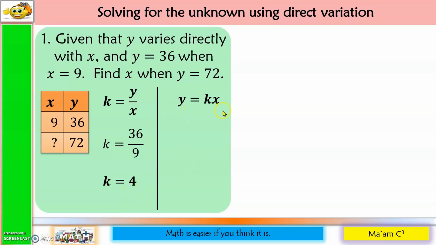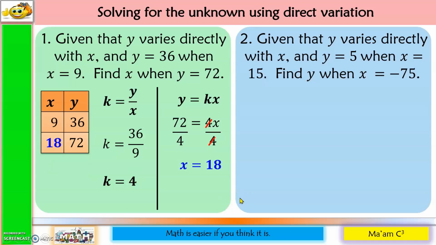Let us substitute those to our equation. To solve for x, let us divide both sides by 4. So 4 and 4 will be cancelled out. So x is equal to 72 divided by 4. And that is equal to 18. So when y is 72, your x is equal to 18.